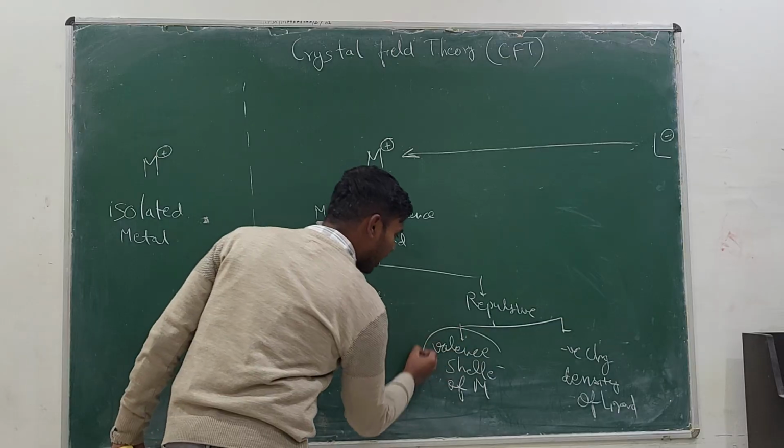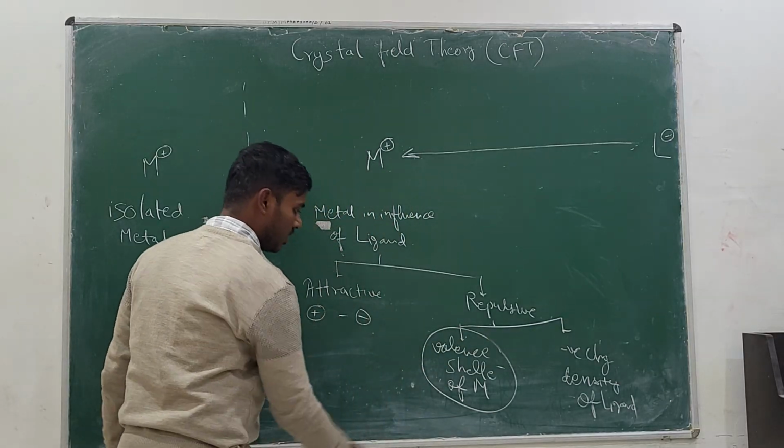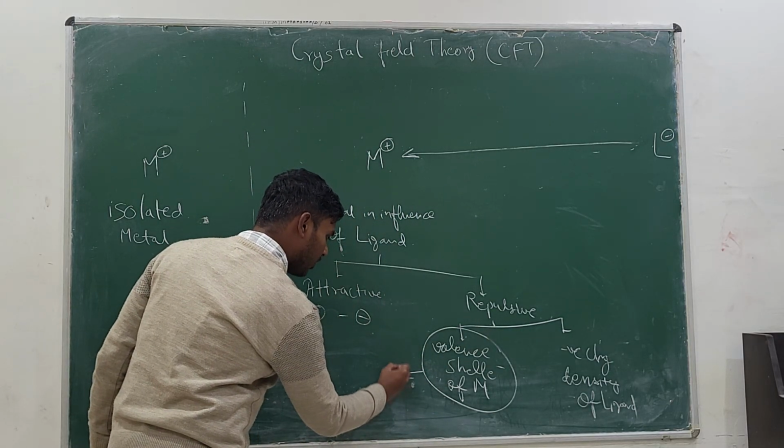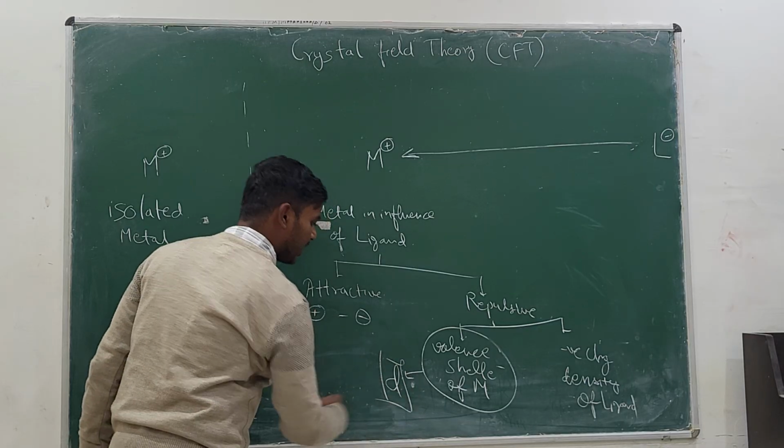So which one is our valence shell in case of the metal? Our valence shell is the d orbital.